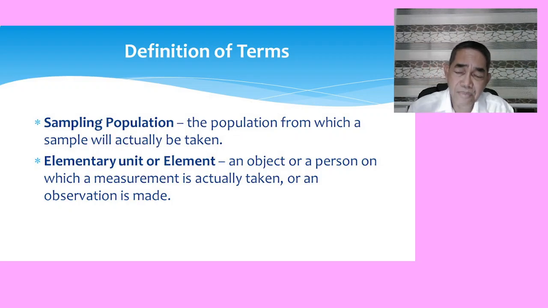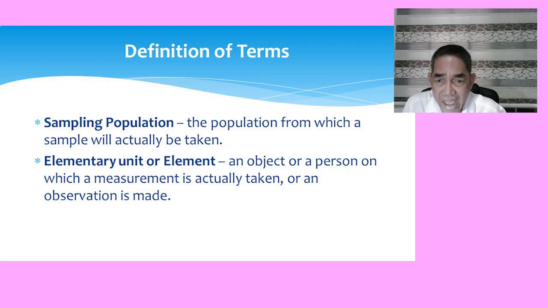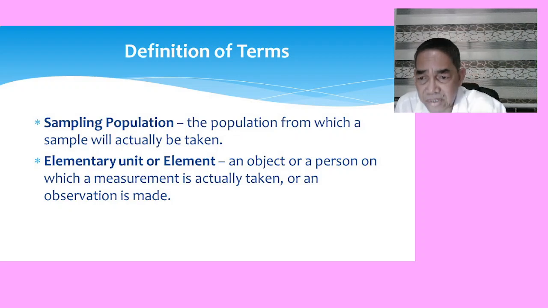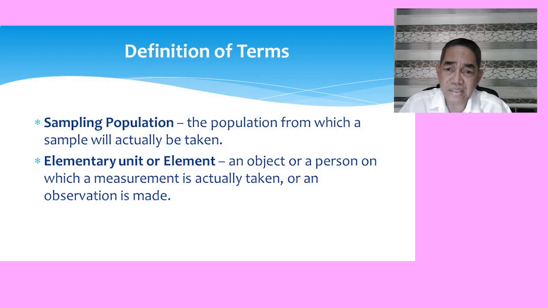I will give an example in a little while so you will understand these different terms better. So where you get the sample, that is the sampling population. And then the elementary unit or the element is an object or a person on which a measurement is actually taken or an observation is made.